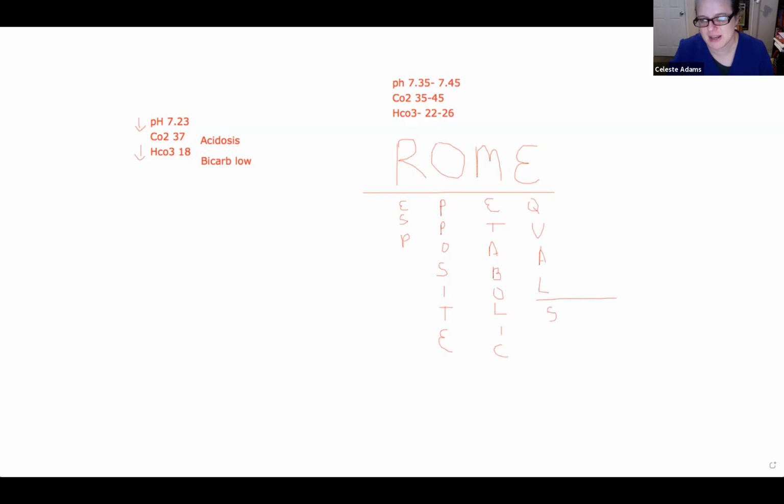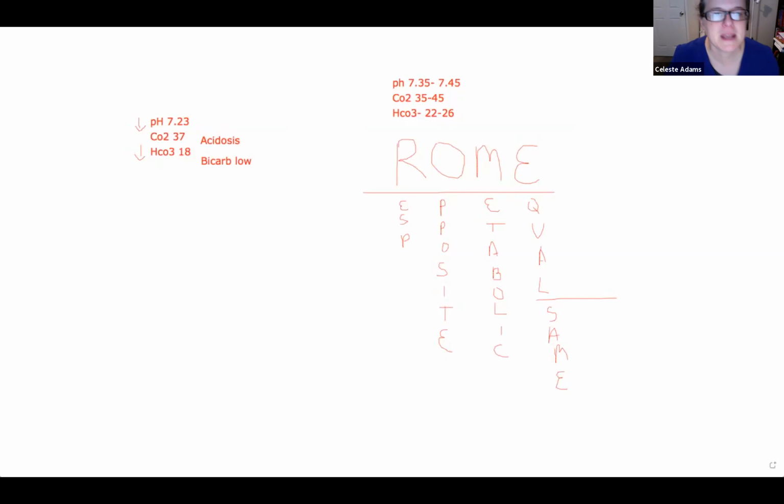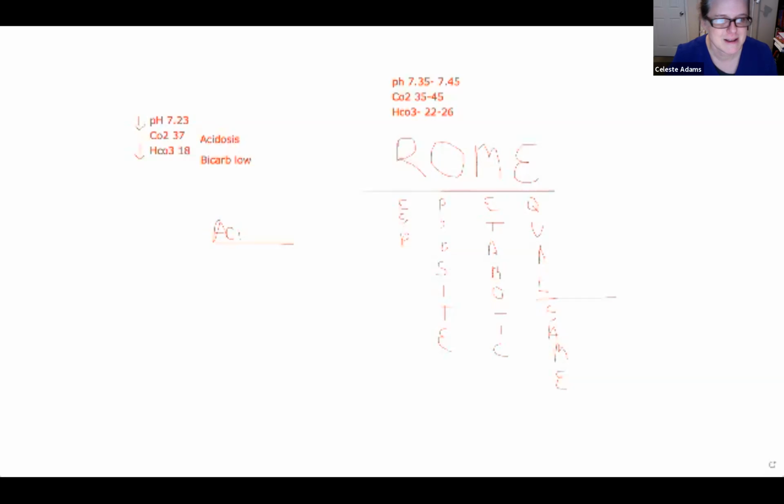Think of equals as the same direction. Because our pH is low, we already know it's acidosis.